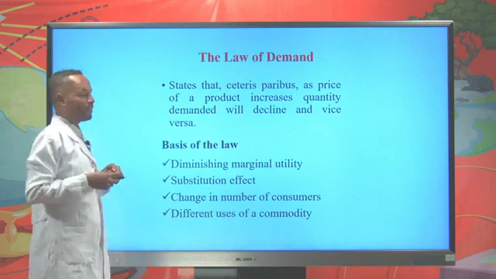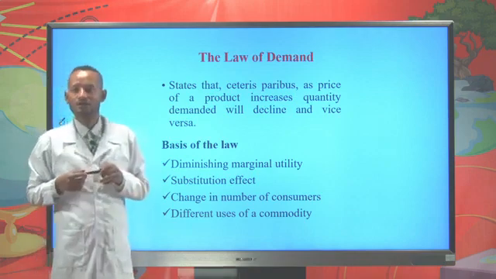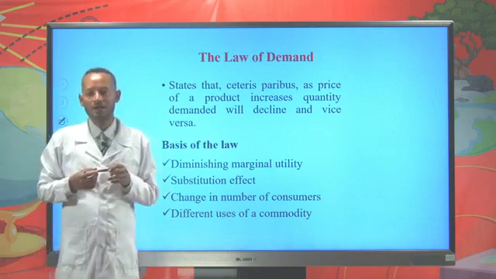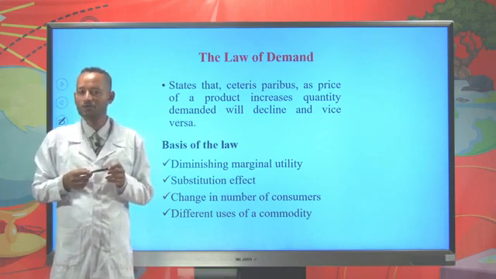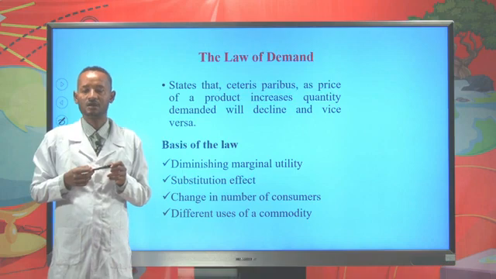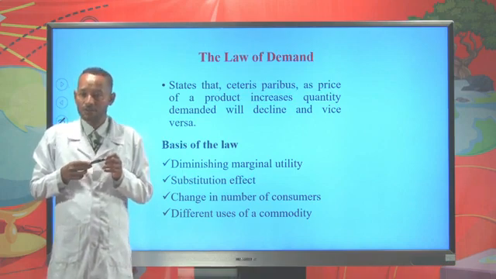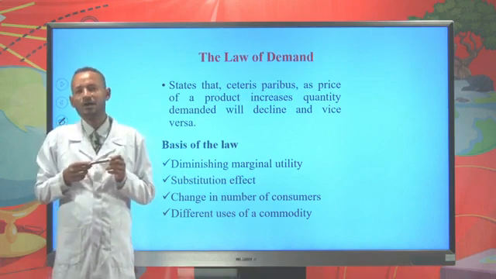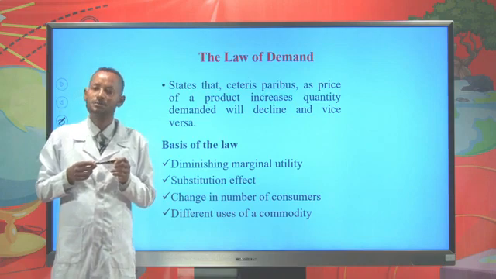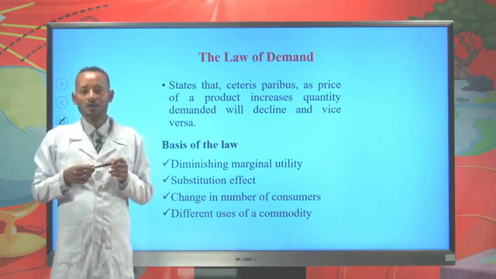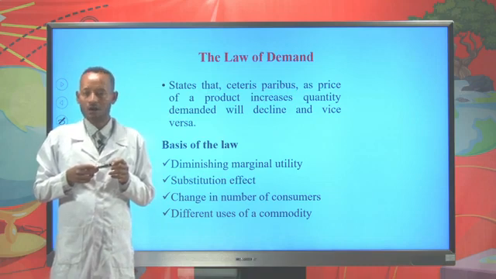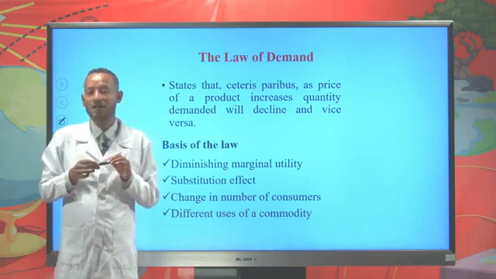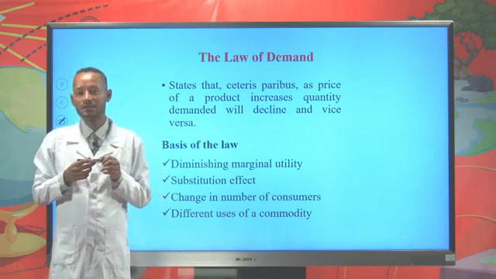For example, if you have $10, and if the price of an egg is $2, if you spend the whole $10 on the purchase of eggs, you can buy 5 eggs. But if you have $10 again, and if the price of an egg increases from $2 to $5, then you will buy only 2 eggs. So other things remain unchanged, especially if your income remains unchanged.